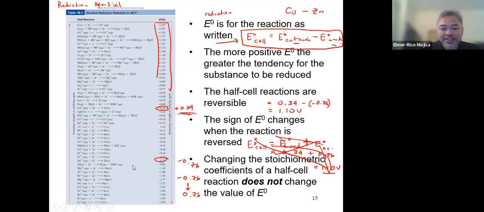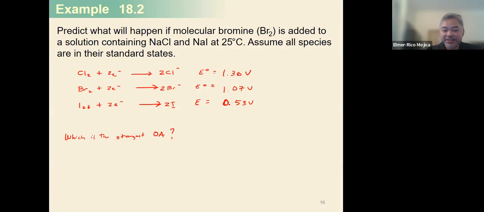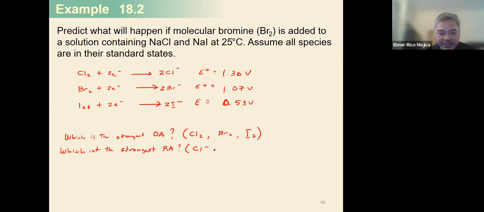And the lower the reduction potential, the greater the strength of the reducing agent. So I can ask you which is the strongest OA, and then I could put Cl2, Br2, I2. And then I can also ask which is the strongest RA, and then I can also put Cl minus, Br minus, I minus.